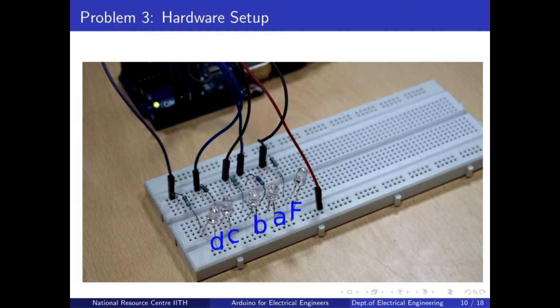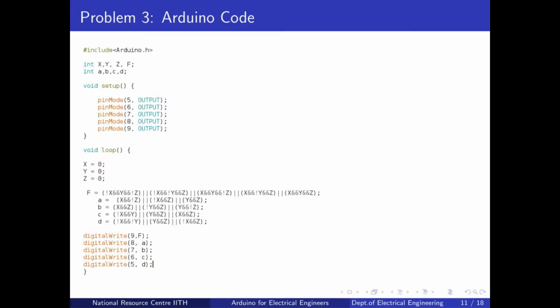So let's see the code. So here is the Arduino code. As I have said, we have 8 variables and 5 variables are output variables. So for those output variables, we assign some pins, and in the void setup, we assign those pin numbers as output pins. Here we are selecting 5, 6, 7, 8, 9 as our output pins.